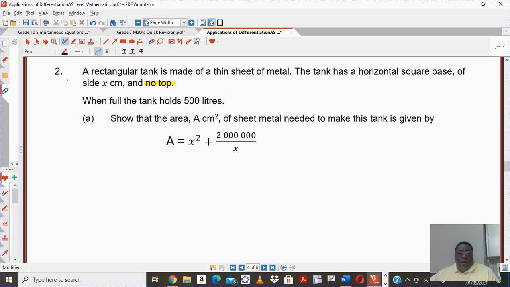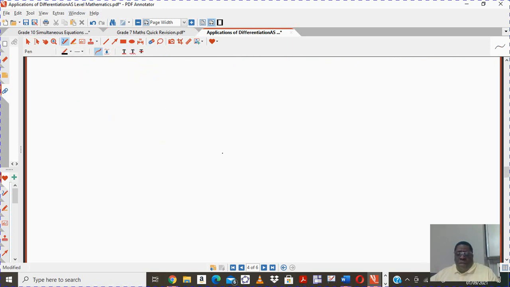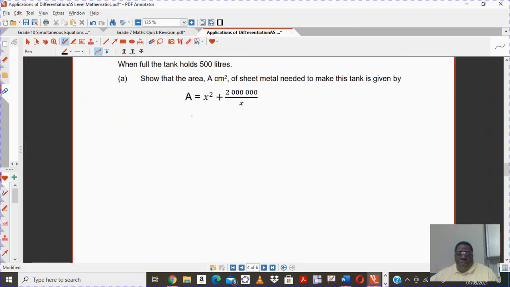So let's look at what we have. A rectangular tank, and I should make this a little bit smaller. So the rectangular tank consists of, let's suppose I have my drawing here.